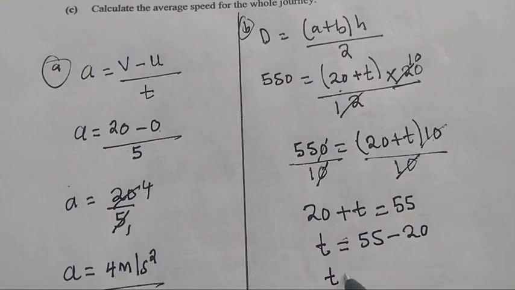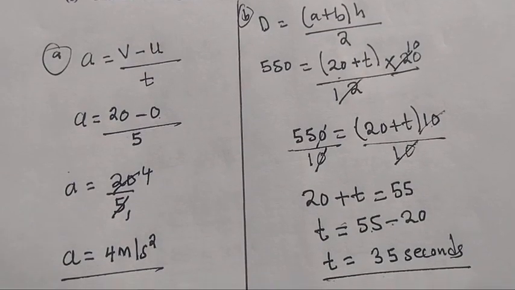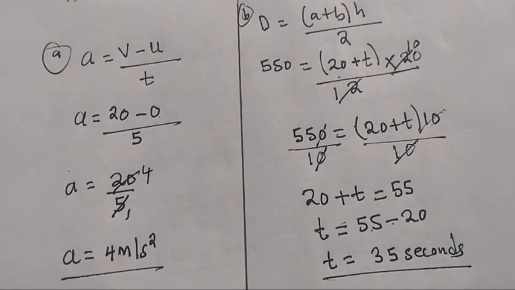So the value of t will be 55 minus 20. This will be 35 seconds. This will be our value for t. So t is equal to 35 seconds.